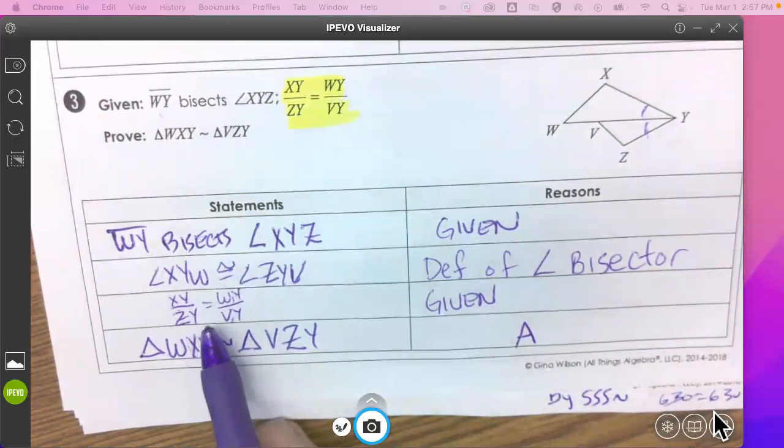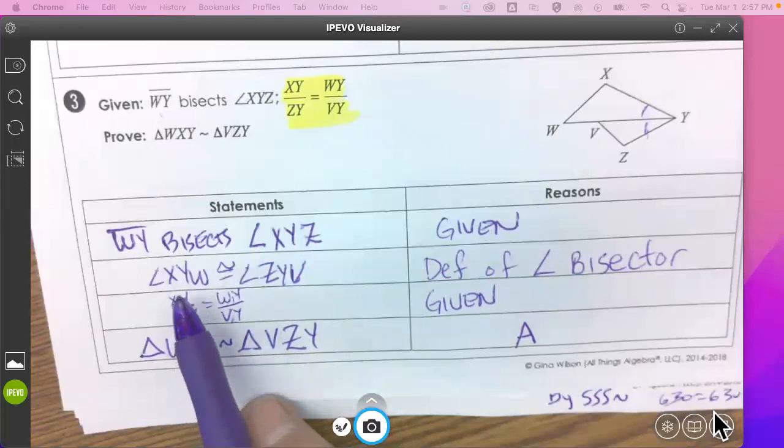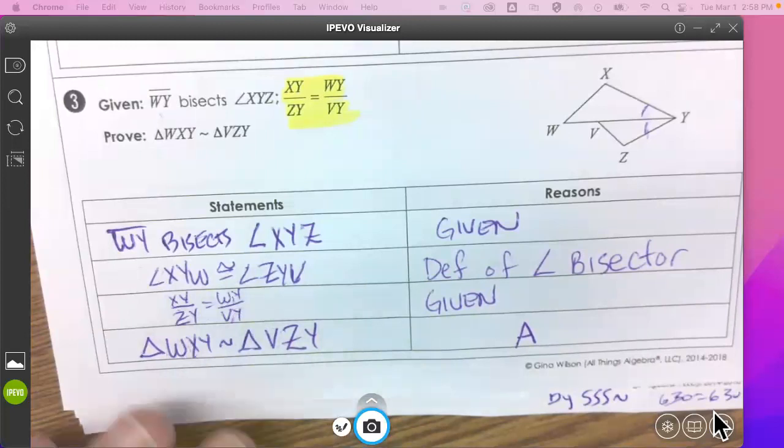What does this thing say? What does this tell us? That the ratio of these sides is the same. In other words, these two sets of sides are, what's the word? Proportional, thank you.